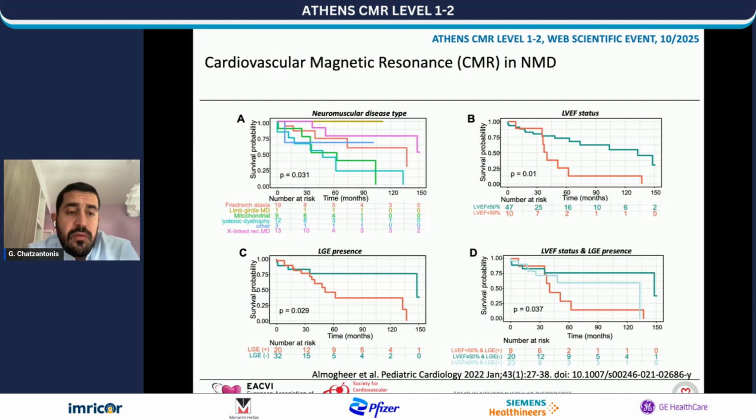Of course, it was different among the different NMDs, but what was really important was not only the ejection fraction that was a predictor for a worse outcome, but also the presence of late enhancement. So if there is a presence of late enhancement, then the prognosis of the patient is worse. And of course, if it is concomitant with an impairment of the left ventricular ejection fraction, the prognosis is even worse.